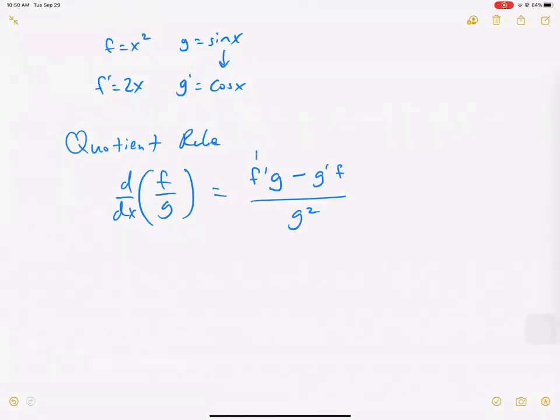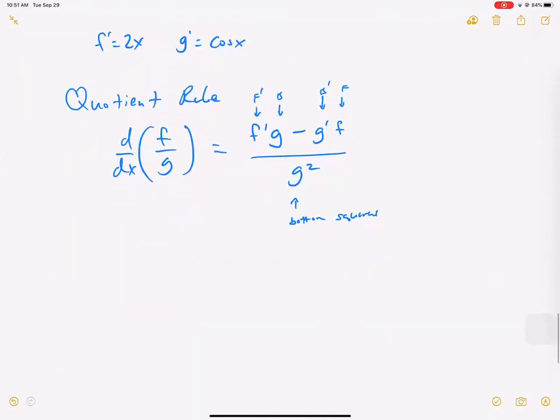Derivative of the front, leave the back alone. Then derivative of the back, leave the front alone, over the bottom squared. That is our rule.